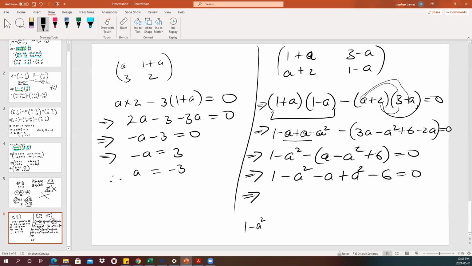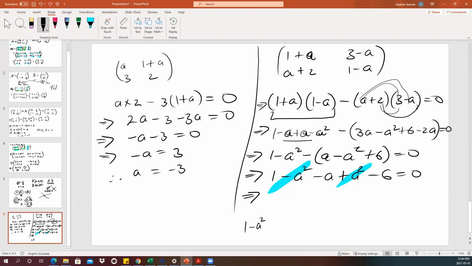Lovely. Because this guy is gone, right? This and this are gone. Then that makes things very simple now. So I have 1 minus a minus 6 equals 0. And better yet, in this line, let me even simplify the constants.